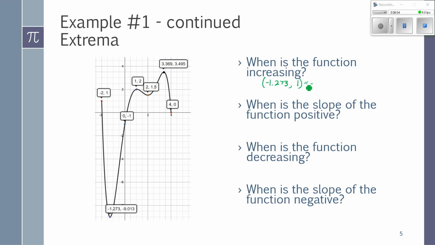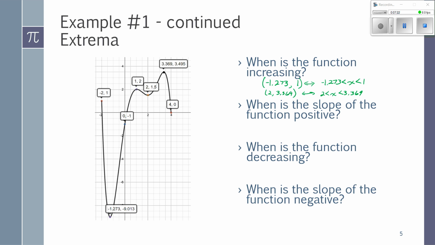So I could have also written it as negative 1.273 is less than x is less than 1. I can also see that I would have it increasing from 2 to 3.369. Or if I wrote it as an inequality, that's when my function's increasing.